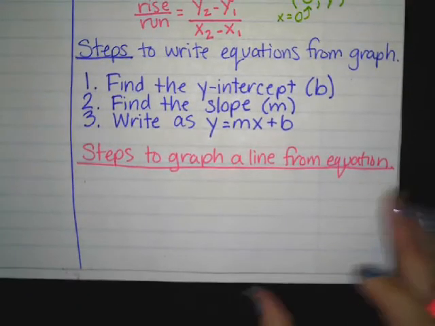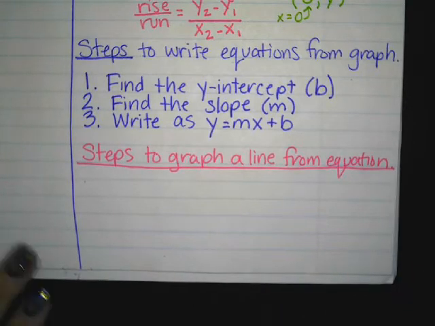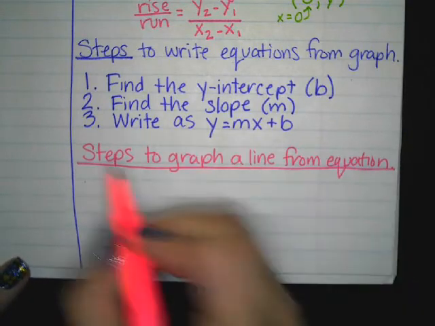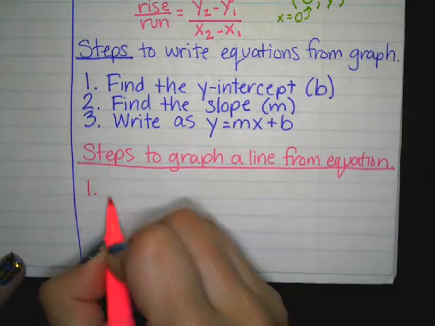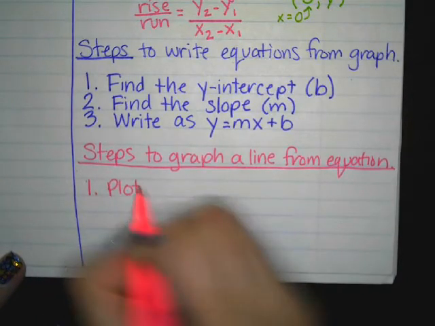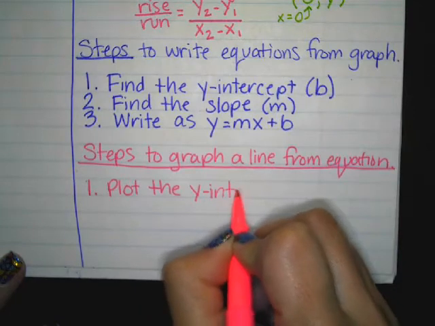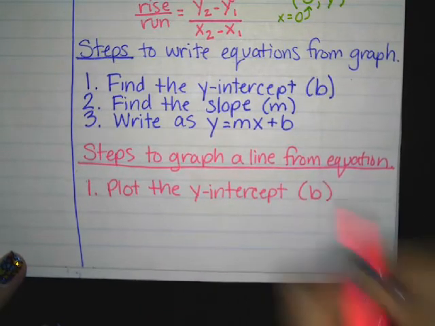So to do that, we still need the same pieces of information. We need to know the slope. We need to know the intercept. So the first thing we're going to do, given the equation, is to plot the y-intercept, or the b value from the equation.